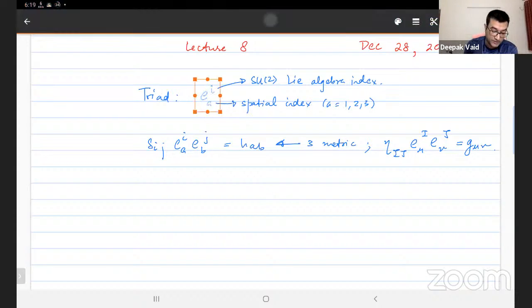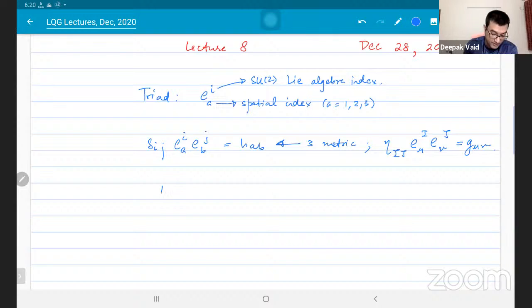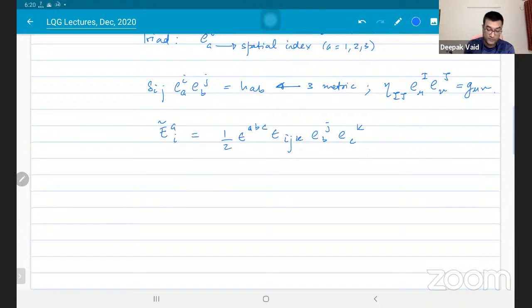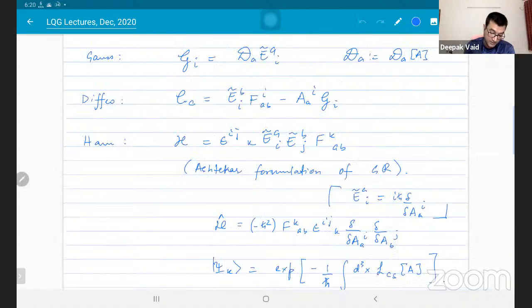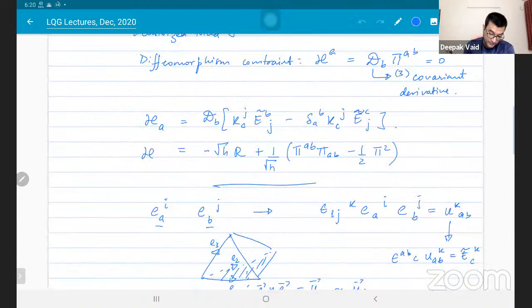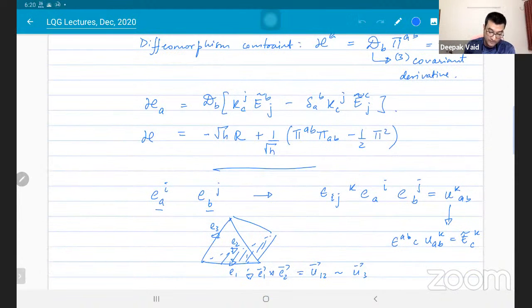So in terms of this triad, we now define this object as 1/2 epsilon^{abc} epsilon_{ijk} e^j_b e^k_c. Essentially what you're doing is taking the cross product of these vectors, as I illustrated in a picture here. So imagine that you have 3 of these triads.